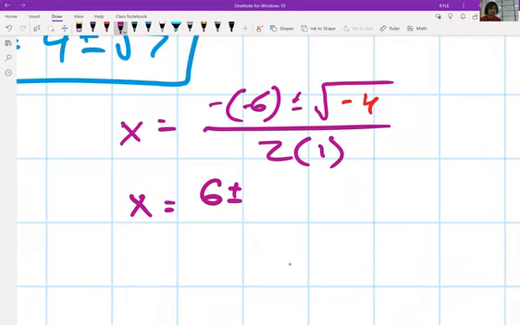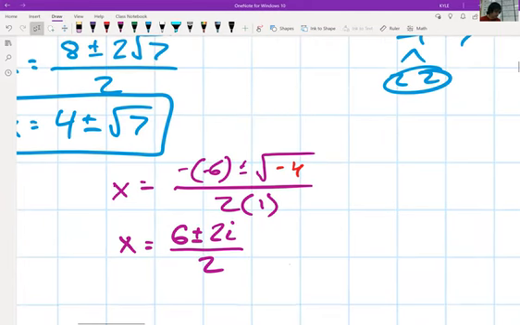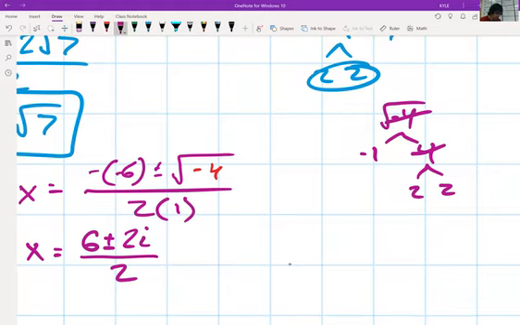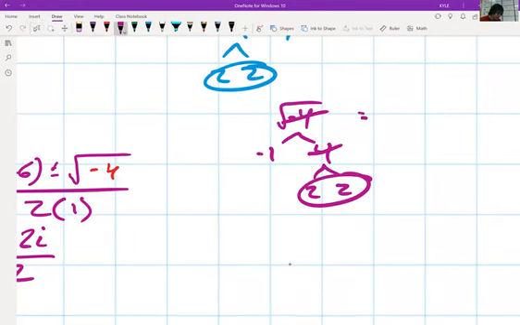Square root of 4 is 2, so the square root of negative 4 would be 2i. And if you need to review those imaginary numbers and such, I'd recommend going back and looking at that 5.4.1 video, how the square root of negative 4 is 2i. And I'll demonstrate it really quickly here. If we're trying to find the square root of negative 4, that's negative 1 and 4. That's 2 and 2. We have a pair here, so we can say plus or minus 2 times the square root of negative 1 because it was left over.